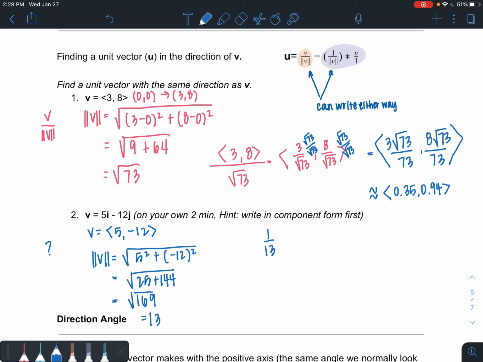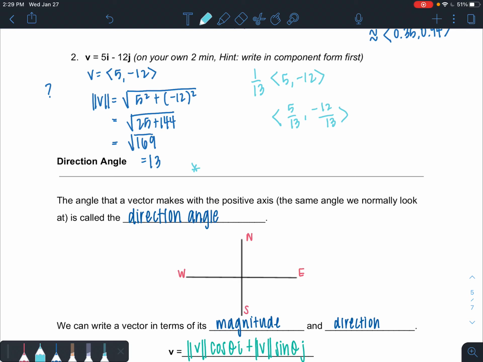Nice and clean number. So I'm going to take 1 over 13 times my original vector of 5, negative 12. So I get 5 over 13, negative 12 over 13 for that vector.